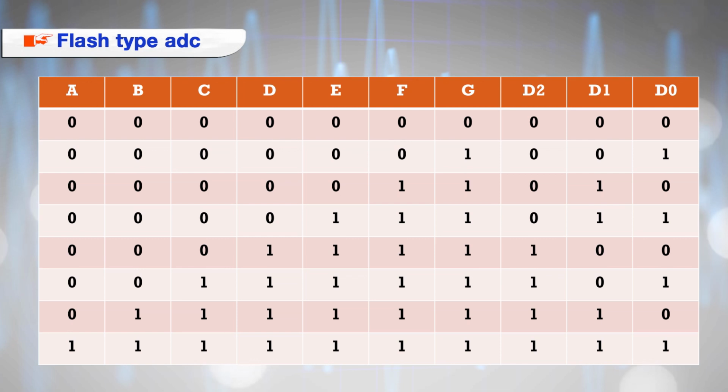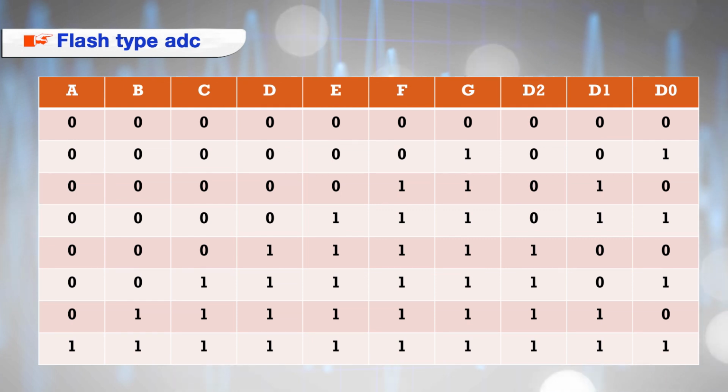Now, suppose analog input V in is greater than Vref by 8, but less than twice Vref by 8. Then the output G of the last comparator is 1, but all the remaining comparator outputs will remain 0. Then the priority encoder will give output 0 0 1.